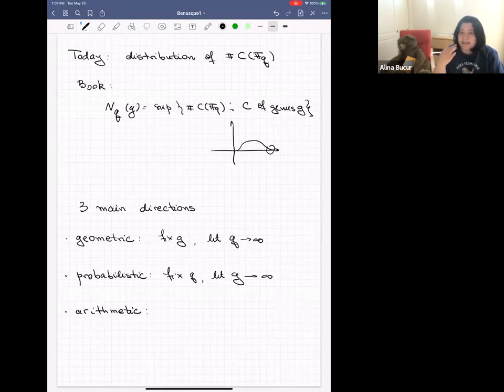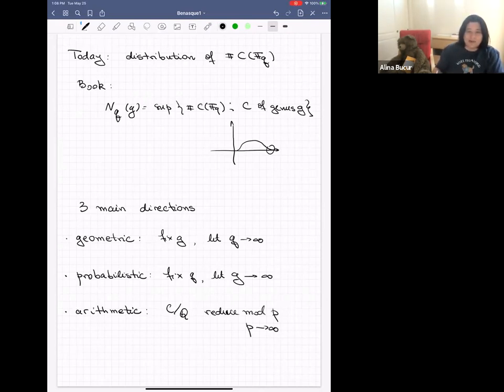And the arithmetic direction is the one that I would very much like to focus on, and in a way, you can argue that it's somehow the richest because this one somehow connects the world of number fields with the world of finite fields. So a typical question would be, here you take a curve defined say over Q or some number field, and you can imagine how this changes for number fields, and you reduce mod primes p, and then you let p go to infinity.